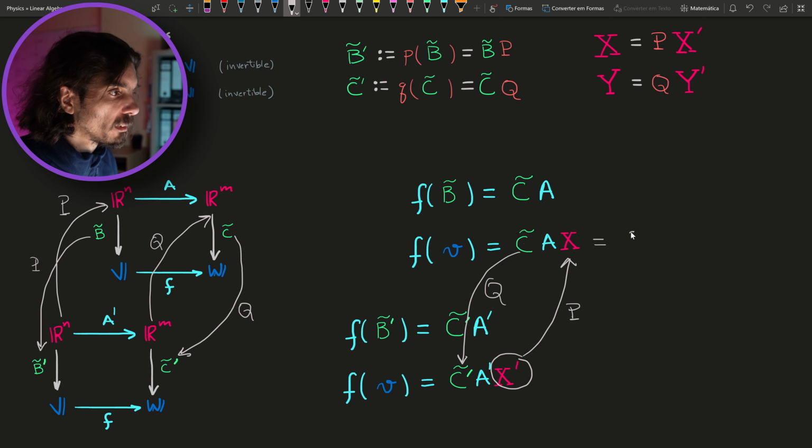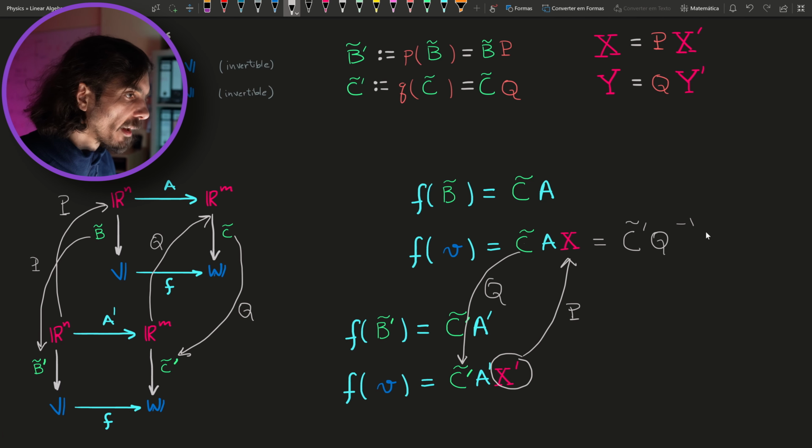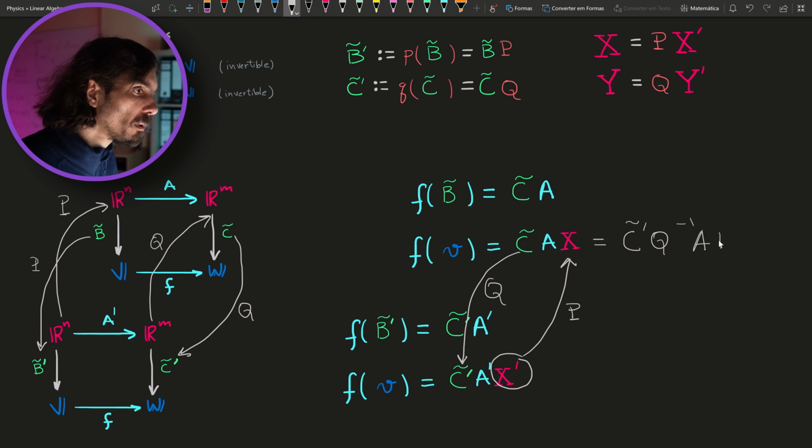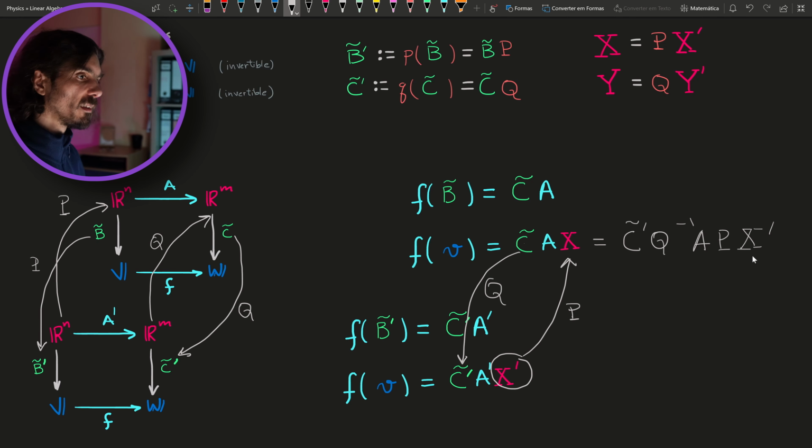It's c tilde prime times q minus 1, right? We just rearrange this. Then the A stays there, and then the x. x is p times x prime. Can you see the idea?